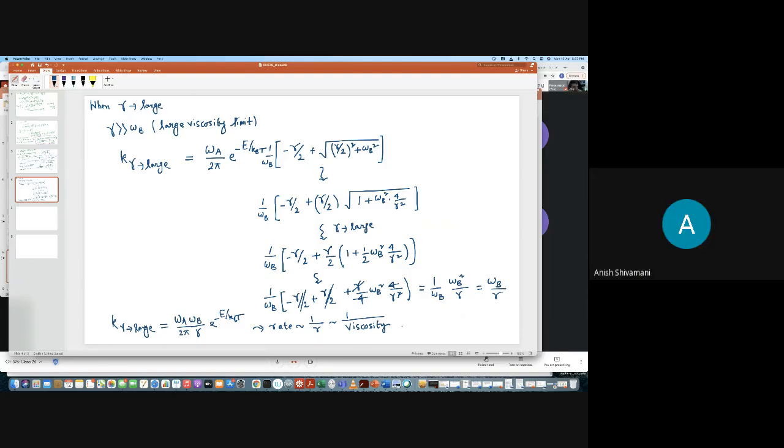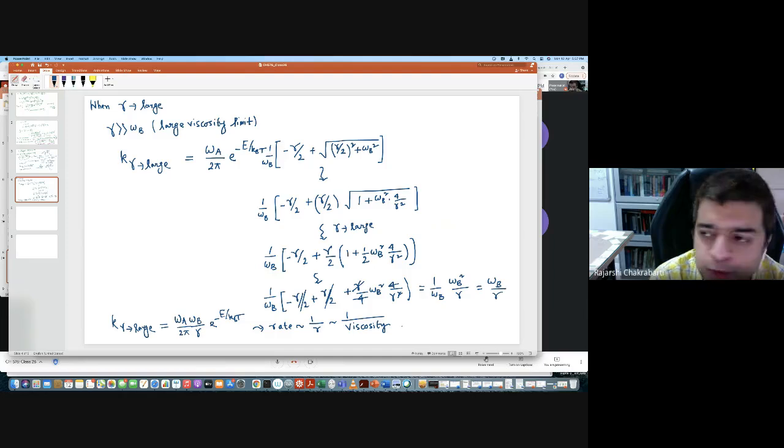If I do a reaction in two solvents, one with a higher viscosity than the other, the solvent with high viscosity should have a smaller reaction rate. Slower reaction in a highly viscous liquid.